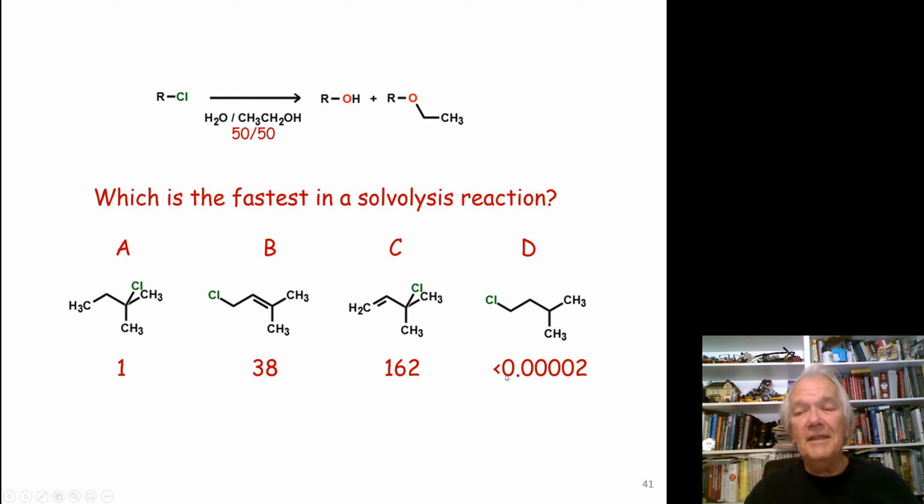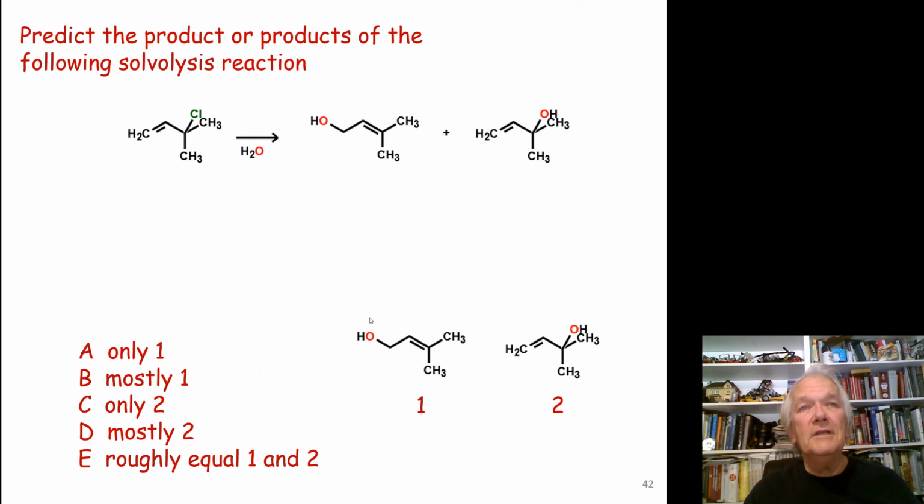When it says less than, that means they couldn't find any reaction and they just got tired of waiting. So they say less than 0.00002. So the general message is allylic is by far the fastest, and if it's tertiary allylic, fastest of all.